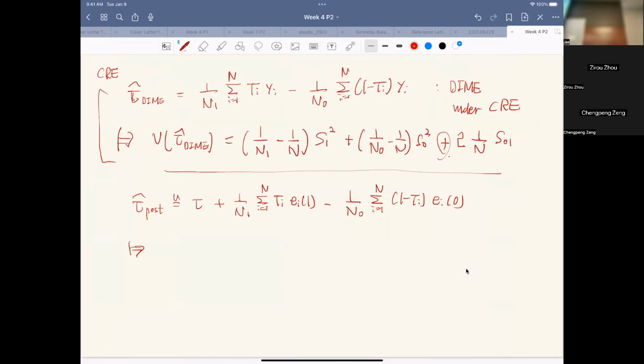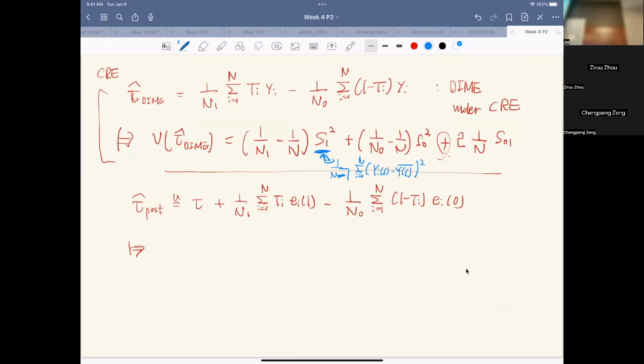So when it comes to computing this one, for example, it is 1 over n minus 1, sum from i equal to 1 to n of (yi(1) minus y bar 1) squared. So here we have this, but now we use ei rather than yi. That is the main difference.